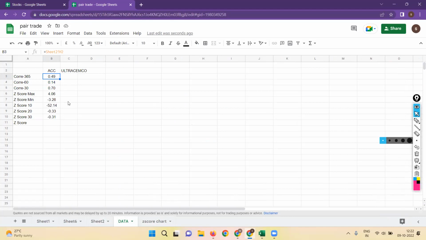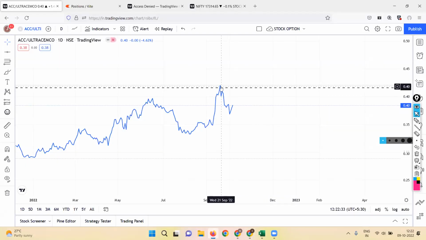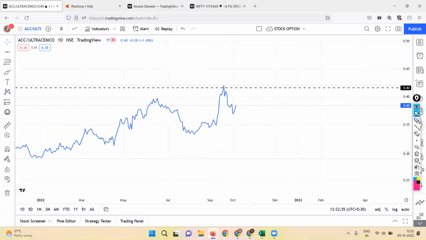Still, entering at least at 60-65 correlation is better.